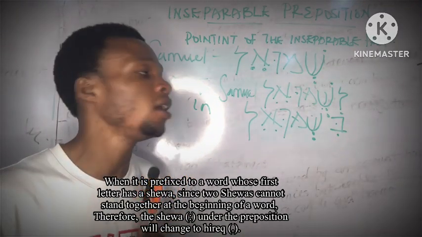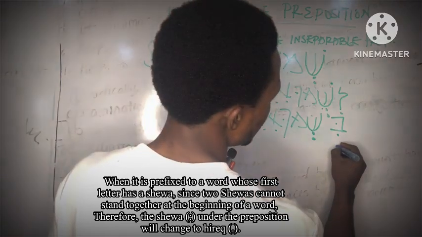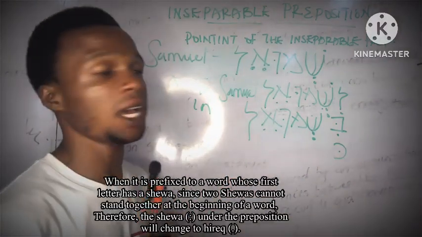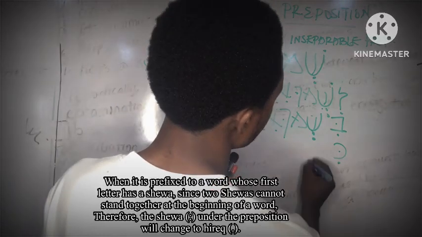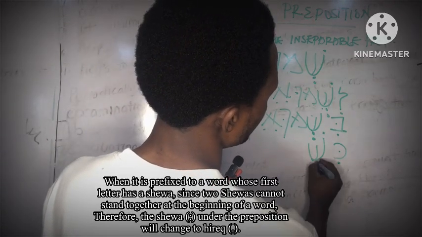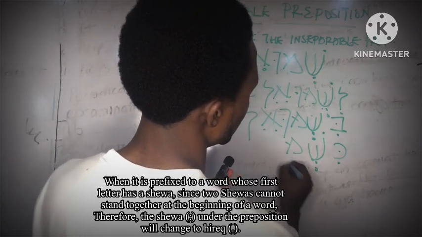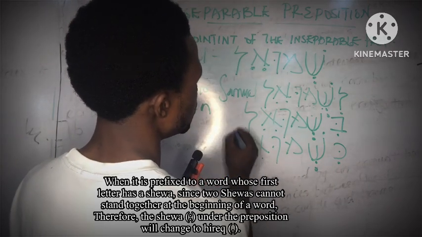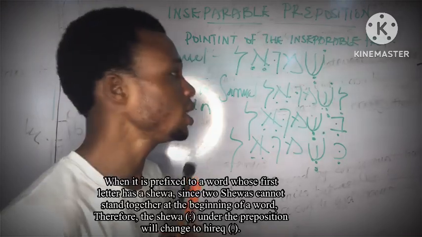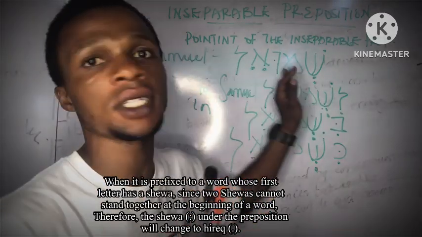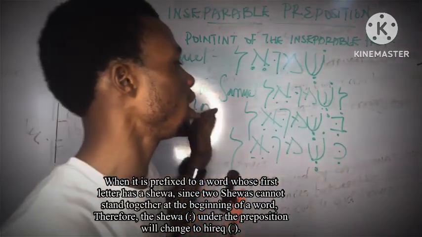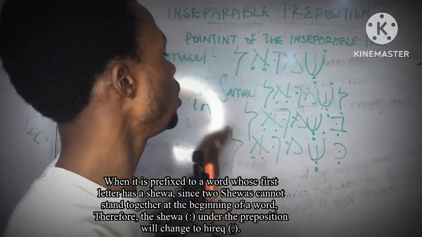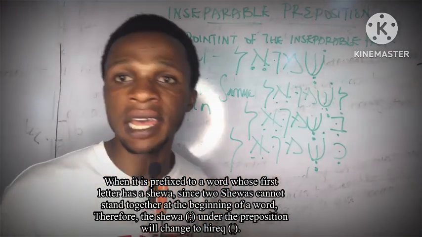As is represented by kaf, the letter K. Then it will now be Kishmuel, as Samuel. So you can see now, Lishmuel stands for to Samuel, Bishmuel stands for in Samuel, and Kishmuel stands for as or like Samuel.